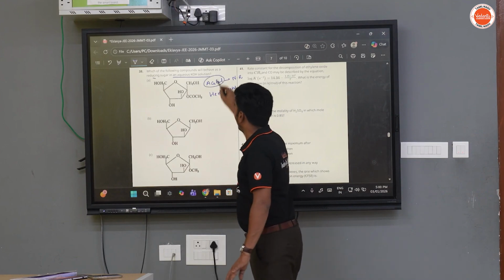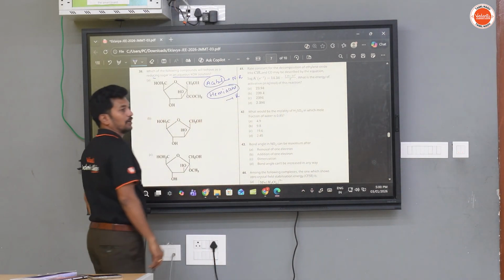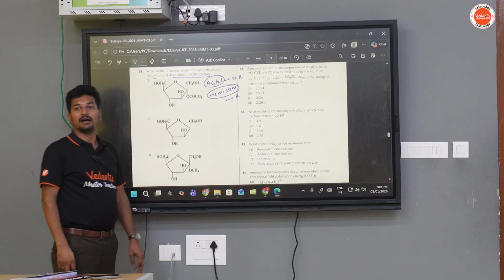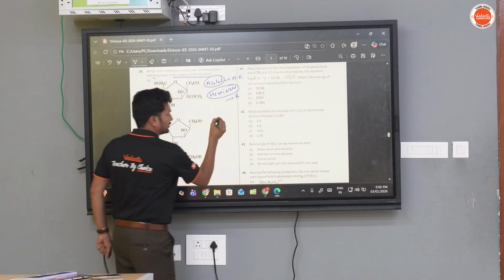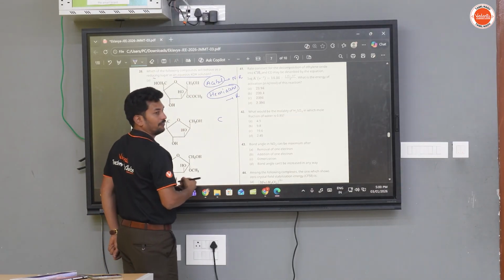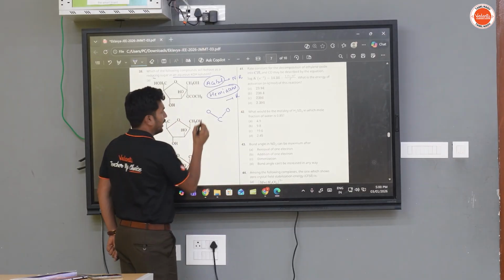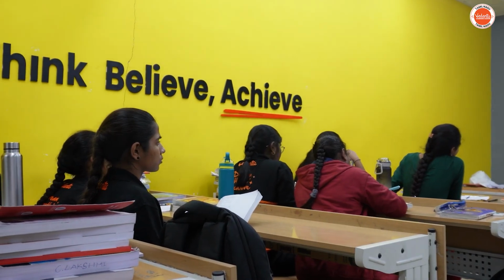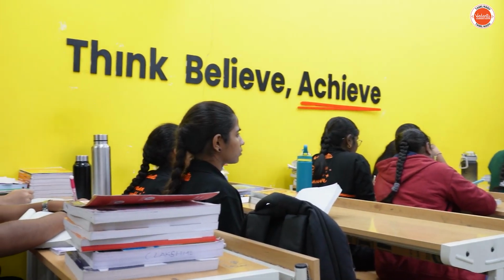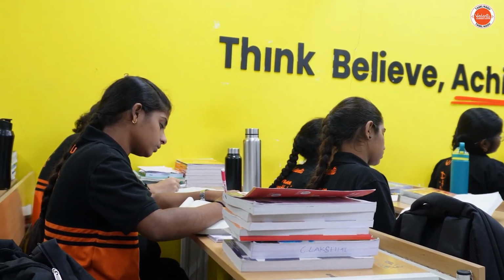How to identify acetal and hemiacetal? Both of them have geminal alkoxy groups. Whenever you have a carbon directly attached to oxygen, and both oxygens are attached to carbon, then that particular form is called the acetal form. What is the acetal form?